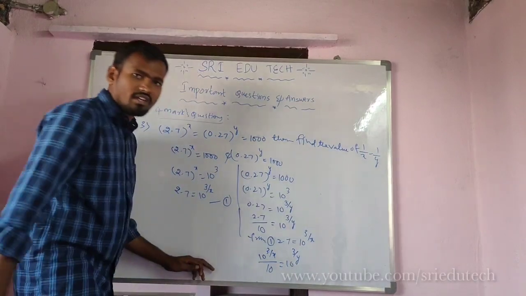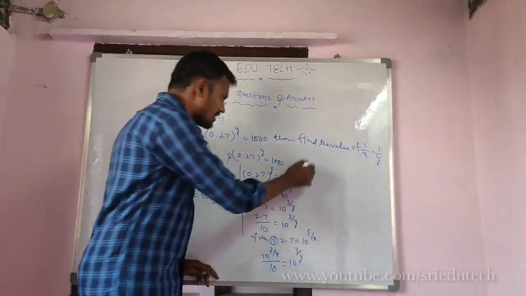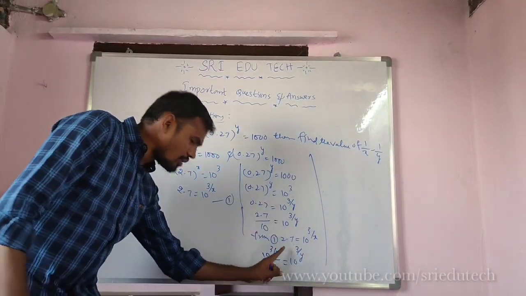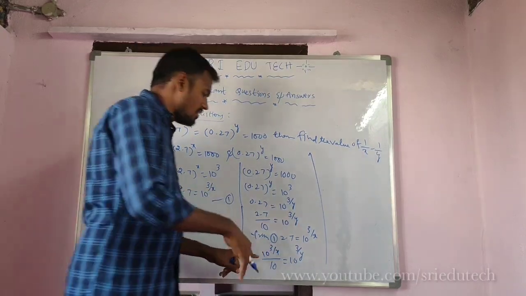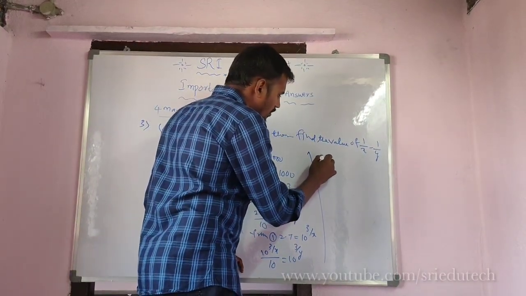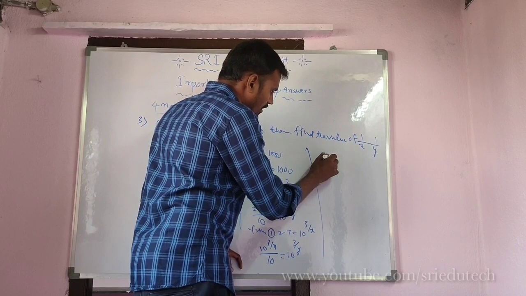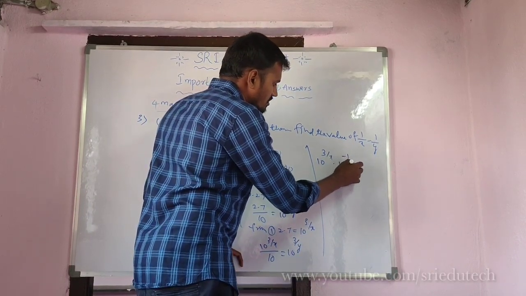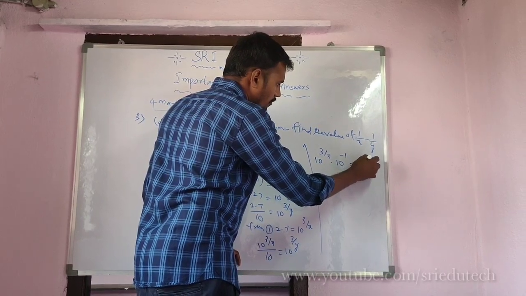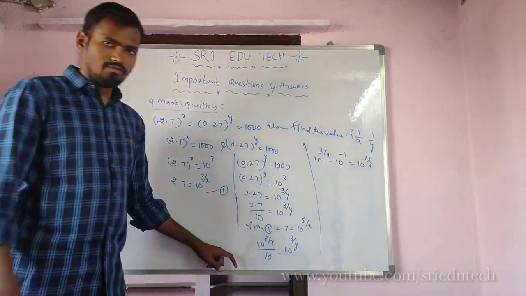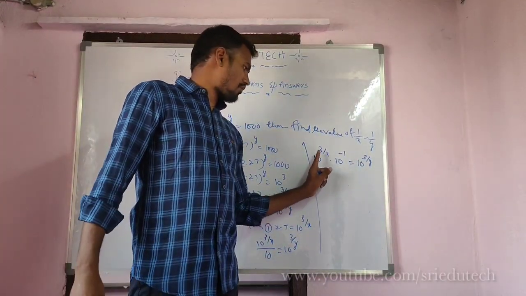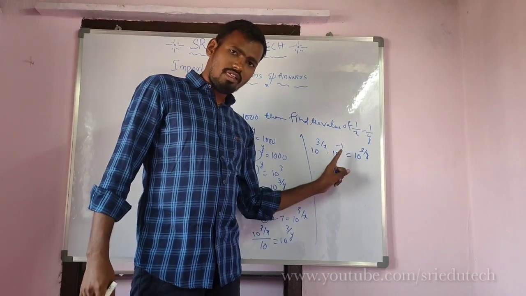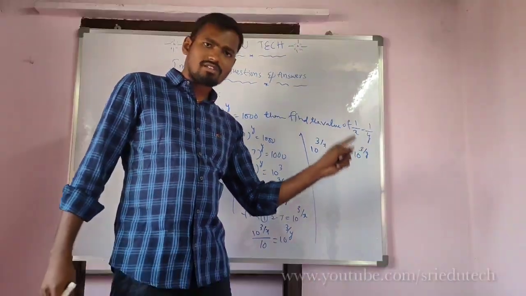Okay. Now see here, this 10 transfers to numerator, it becomes reciprocal. See, 10 to the power of 3 by x into 10 to the power of minus 1 is equal to 10 to the power of 3 by y. You know already, x to the power of m into x to the power of n is equal to x to the power of m plus n.